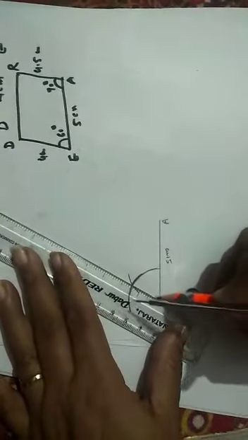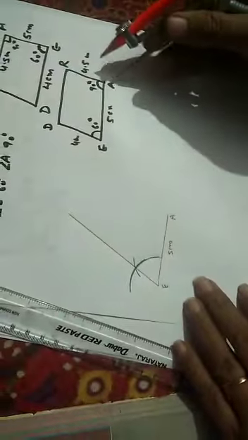So this is 60 degree. At point A, this is 90 degree.